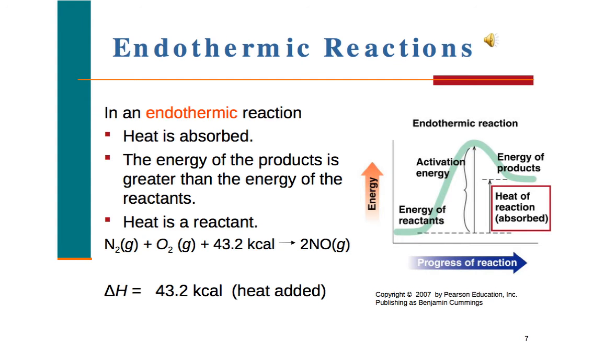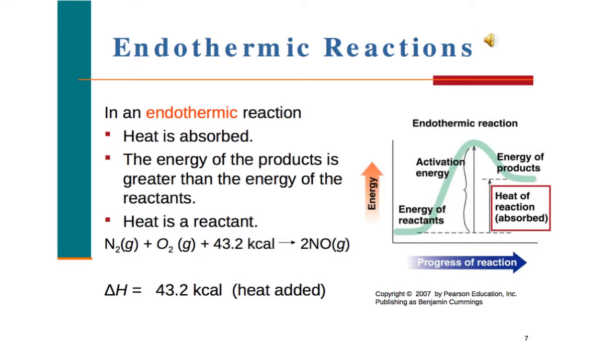The opposite of an exothermic reaction is an endothermic reaction. In an endothermic reaction, heat is absorbed. In an endothermic reaction, the chemicals of the product have more energy than the chemicals of the reactant. Therefore, since energy can't be created or destroyed, and we have to view this arrow here as an equal sign, we have to add energy as a reactant.